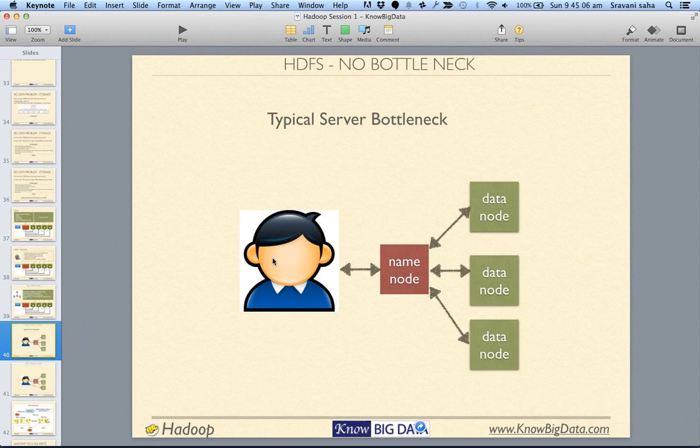Now, a typical architecture, the way we have always studied. Yes. So I'm coming to Shyam and Sanjay's question. Don't worry, I'll repeat it. All right. So in typical structure, this is how we built our systems. User comes here.